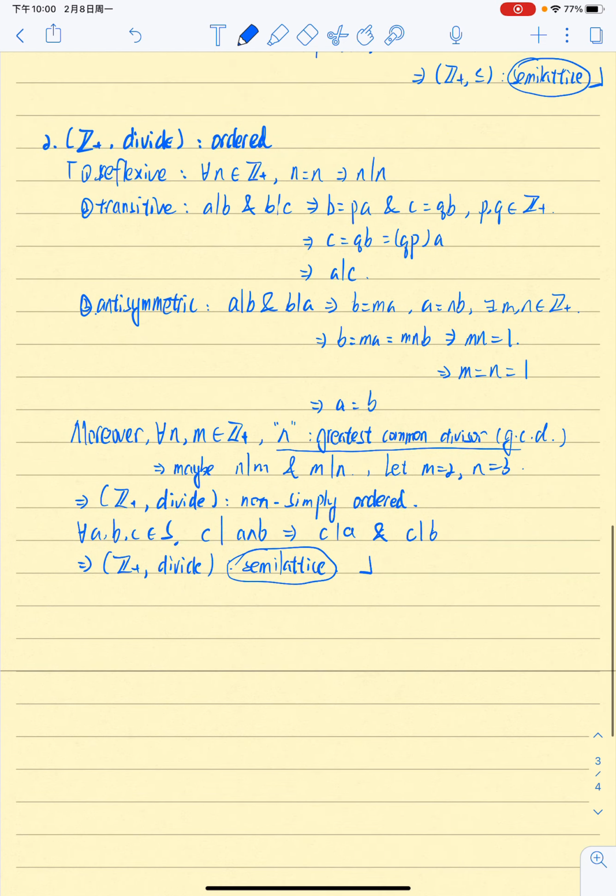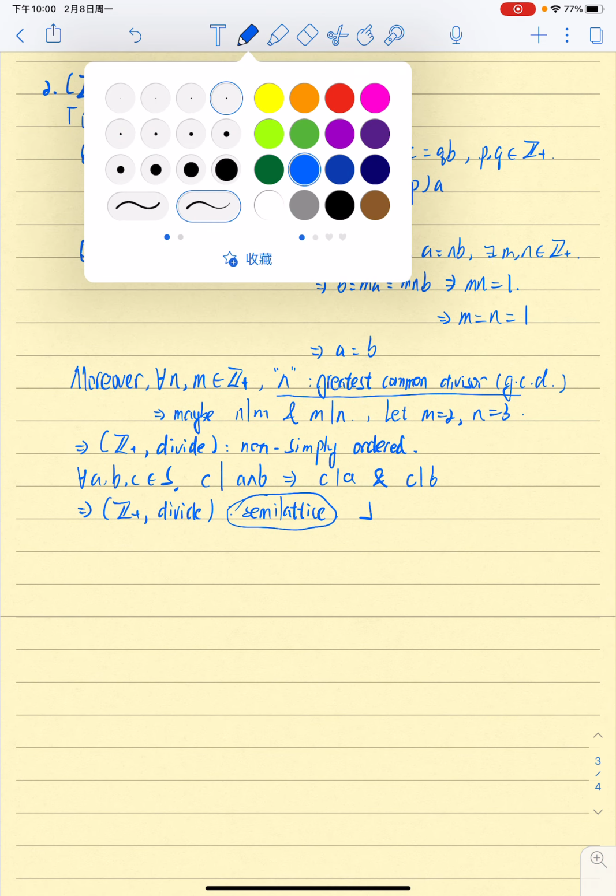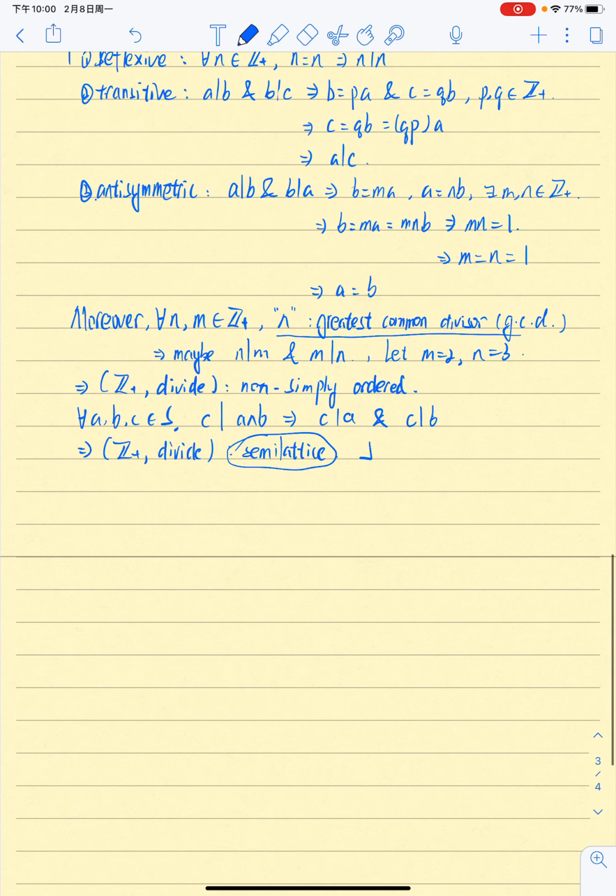Let's see the third example. Also, here we use this notation to define all the subsets of the positive integer set, and the relation we use is inclusion.